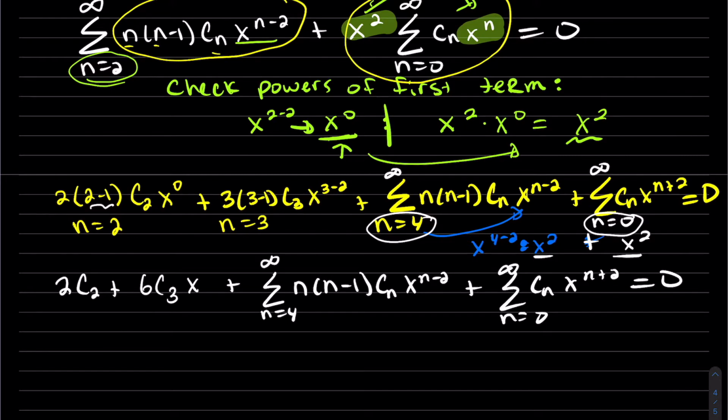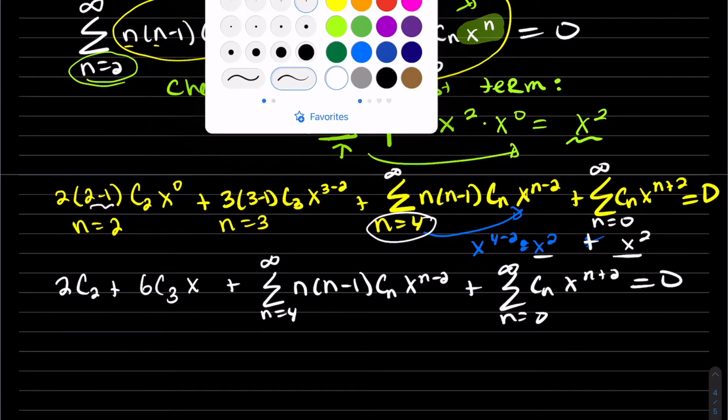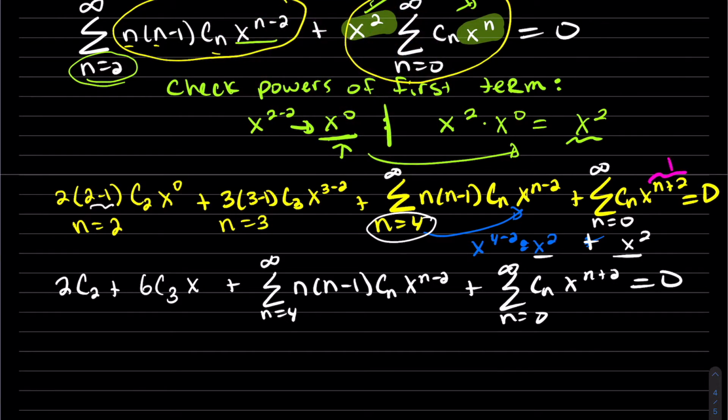I'm going to pull this down a little bit. So again, that's always going to be the order. We want to make sure the powers match up. Now that we know that both the powers are x squared, we can set up the indices to be the same. So I'm going to go with calling this k.